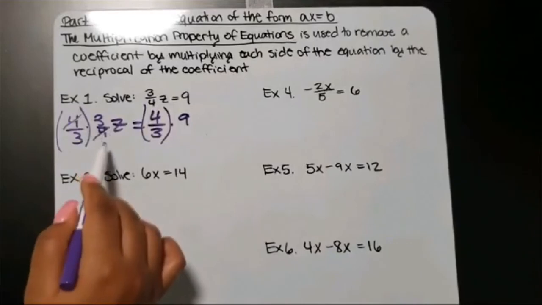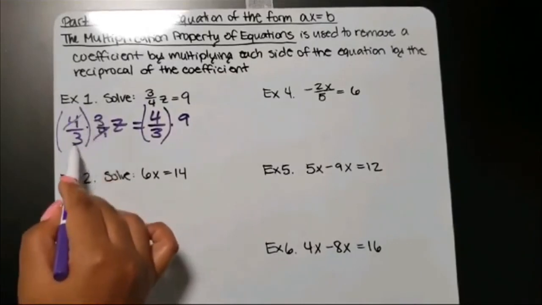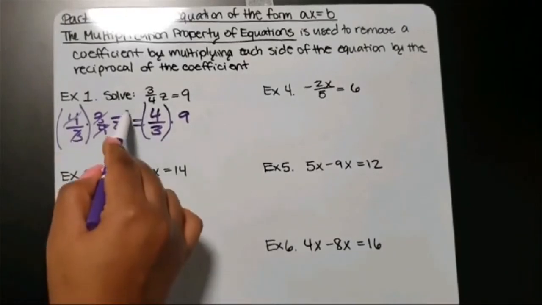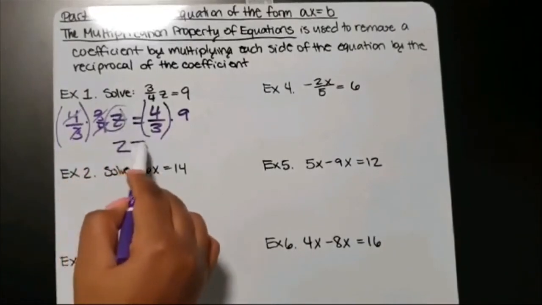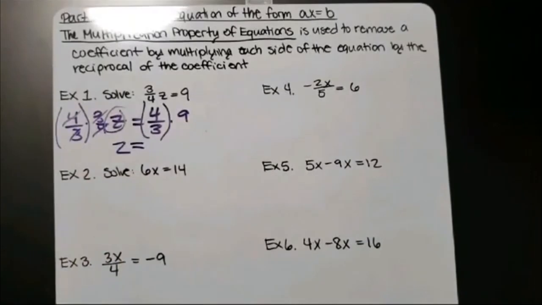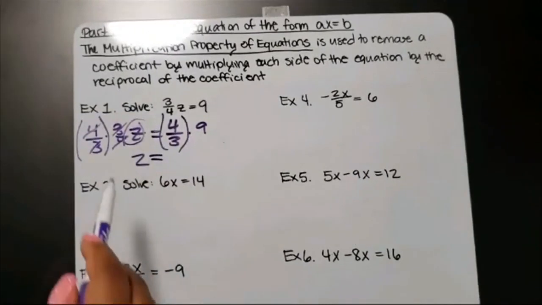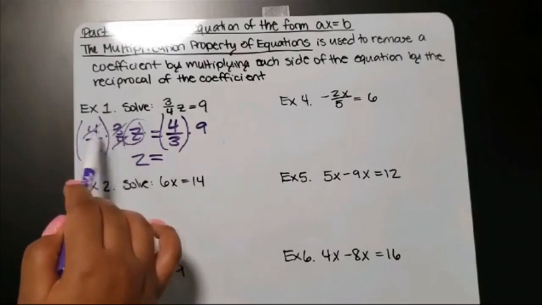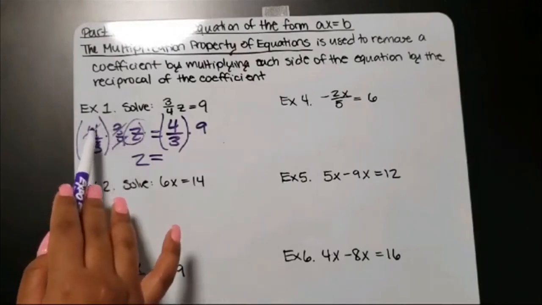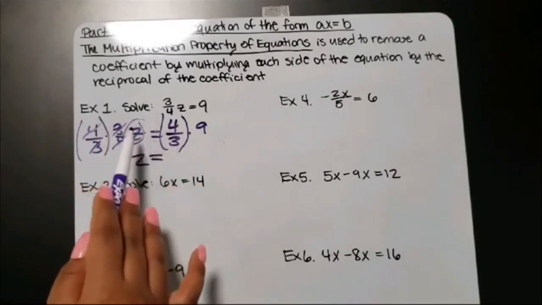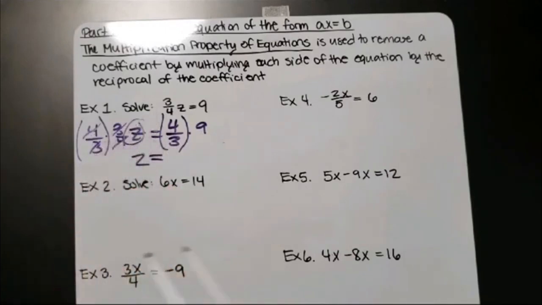So 4 divided by 4 is 1, and 3 divided by 3 is 1. So we have z over here by itself, which is exactly why we did this, because this is what we wanted. If you don't cross this out, of course you can multiply straight across and do 4 times 3 is 12, 3 times 4 is 12, and 12 over 12 is 1.